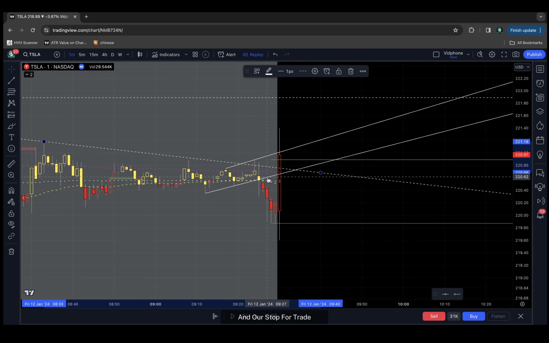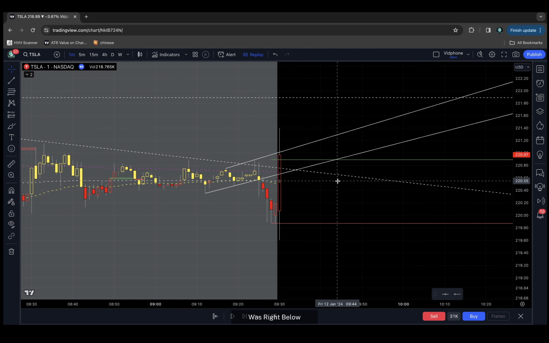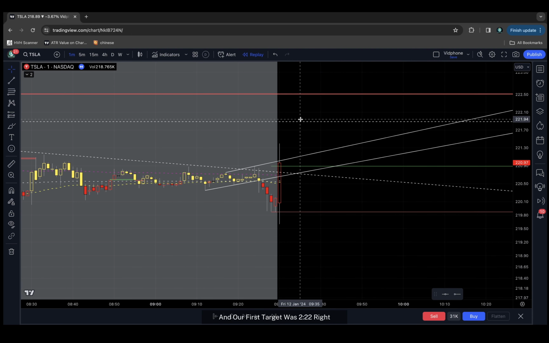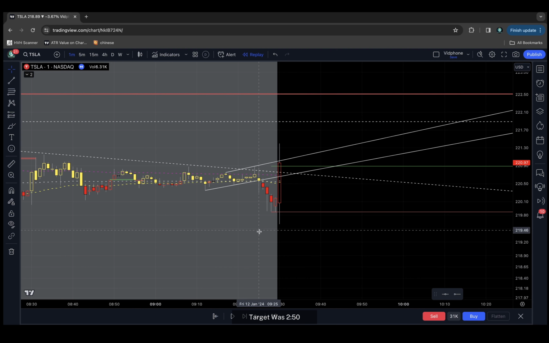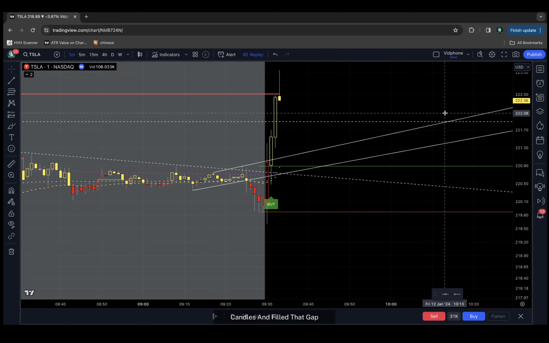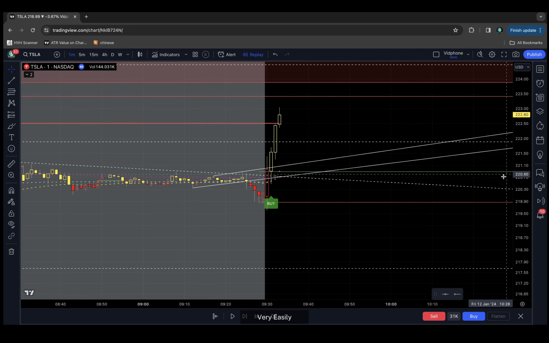And our stop for our trade was right below the low of this first 1-minute candle. Our first target was 222, which was the first resistance that was coming up. And the second target was 222.50, where the gap was. And we shot up in just 2 1-minute candles and filled that gap very easily.